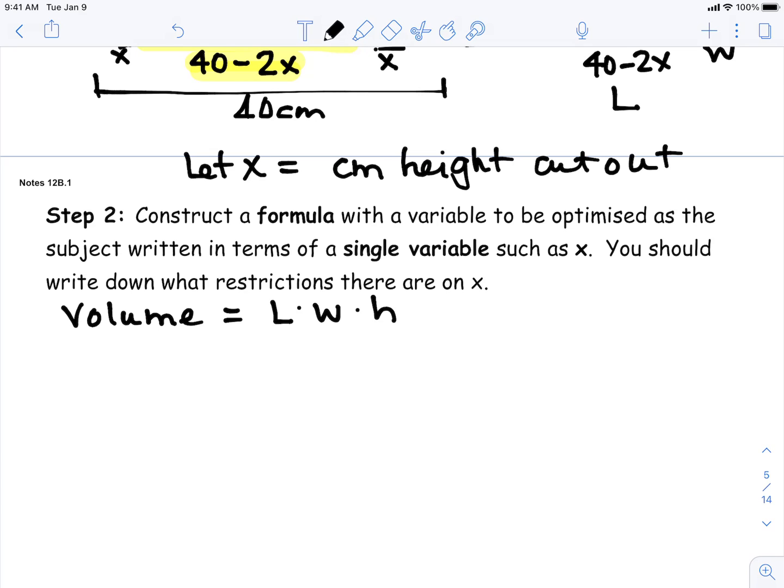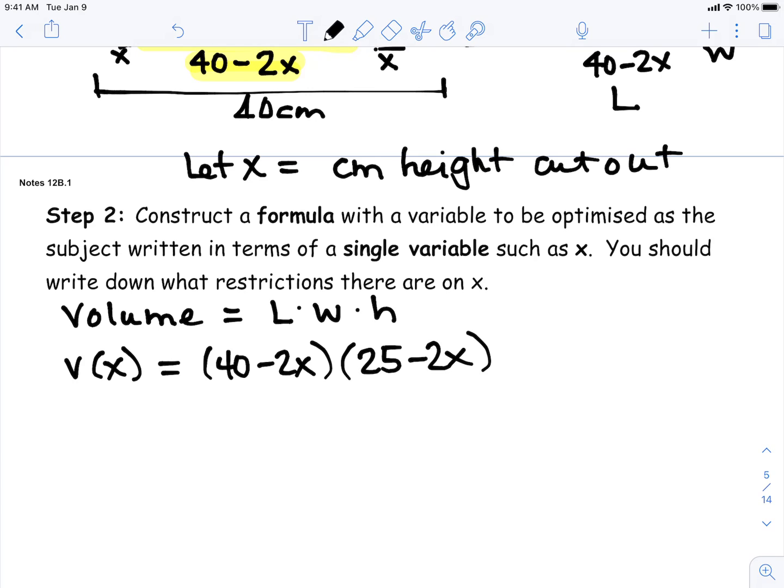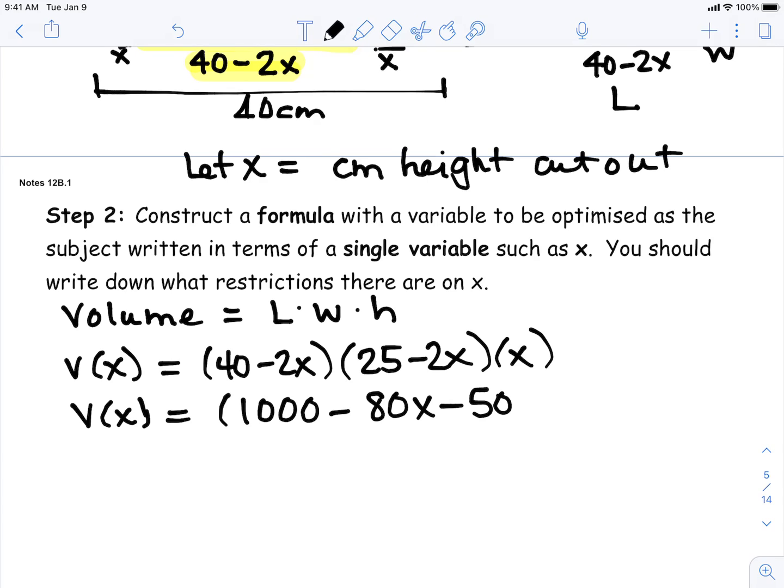So the volume of X, so we're going to write it as a function, is the length expression, 40 minus 2X, the width expression, 25 minus 2X, and then the height, X. And then what we're going to do is we're going to FOIL this out. So we're going to start by FOILing the two binomials. And we're going to get first 1,000 minus outside 80X, inside minus 50X, and then last, positive 4X squared.